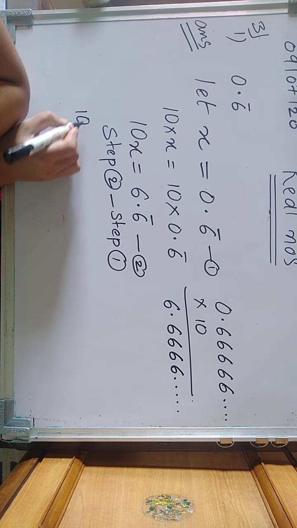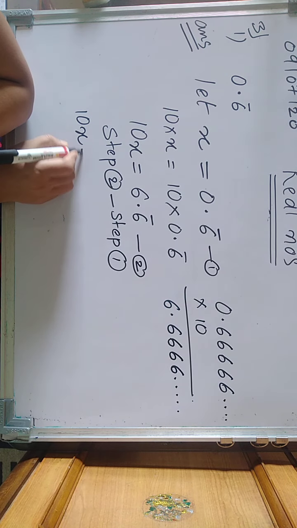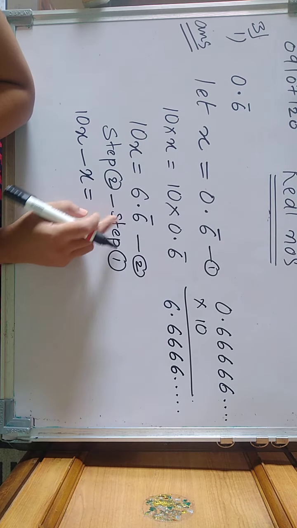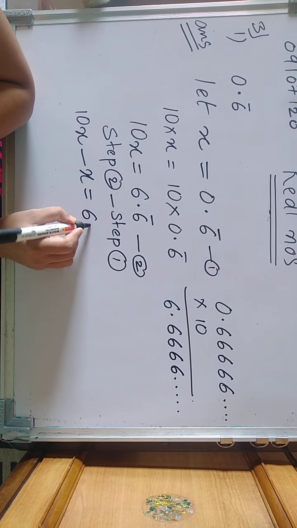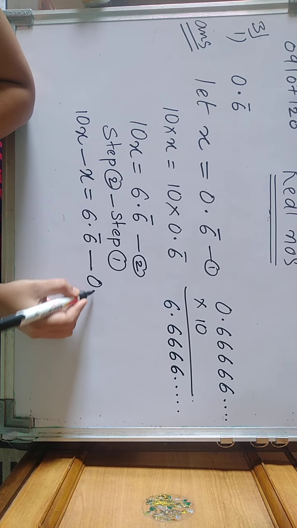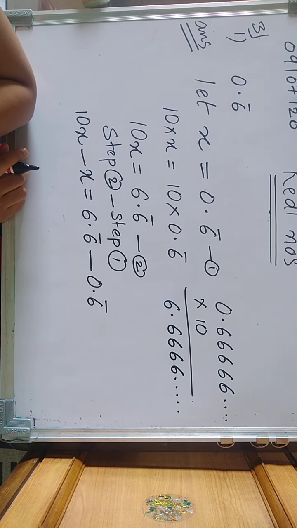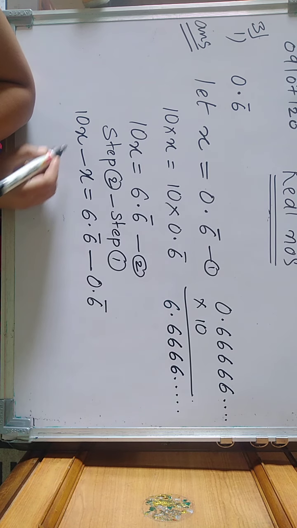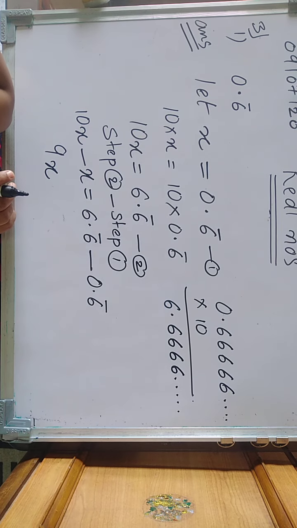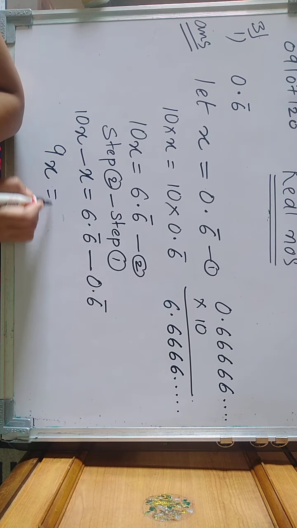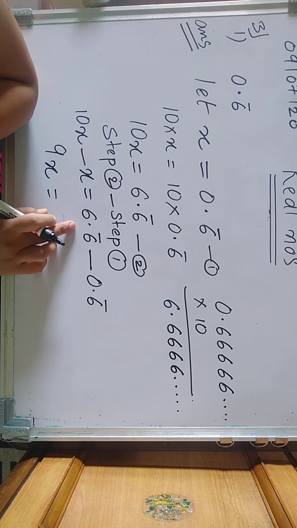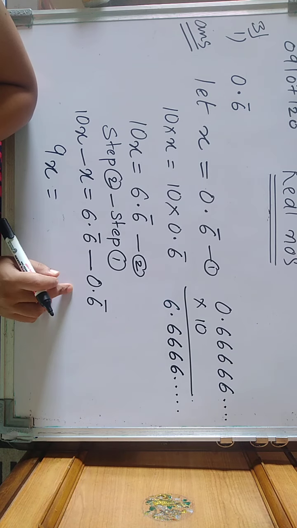That means 10x, step 2, minus step 1, x, is equal to, on the right hand side, step 2 is 6.6 recurring minus step 1 is 0.6 recurring. Okay, so 10x minus x will become 9x. Now let's see what happens when you subtract 6.6 recurring minus 0.6 recurring.